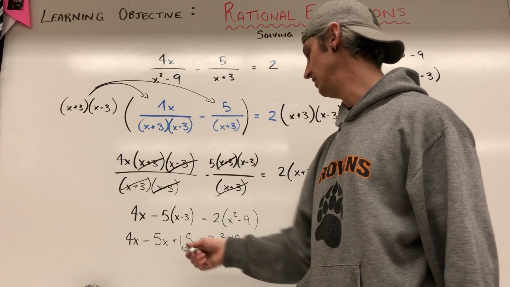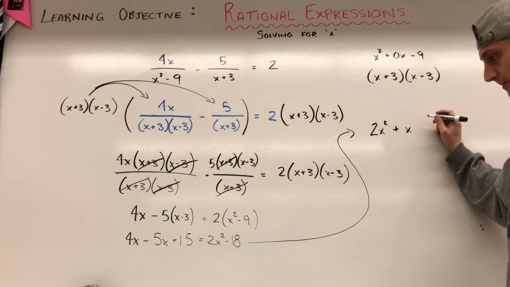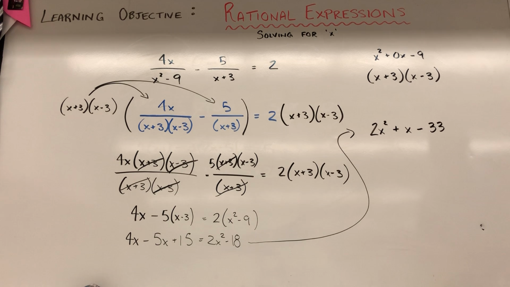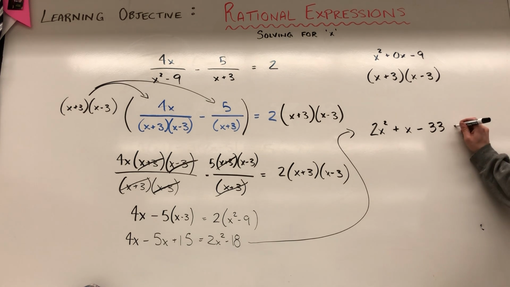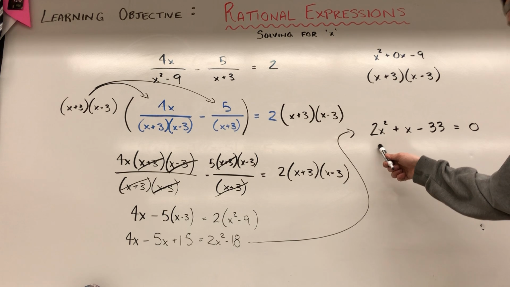And then negative 18 minus 15 is negative 33. And that's equal to 0. If I wanted to solve for x here, I would have to use decomposition as my factoring method.